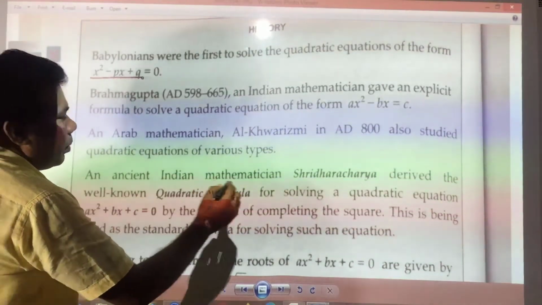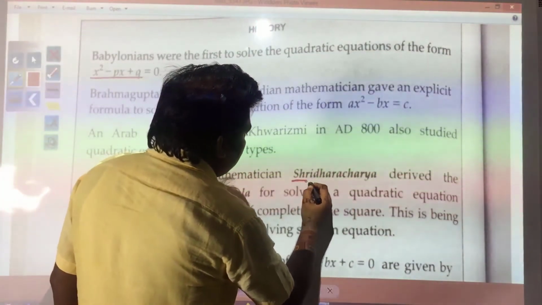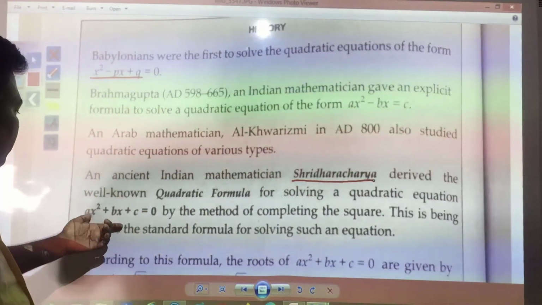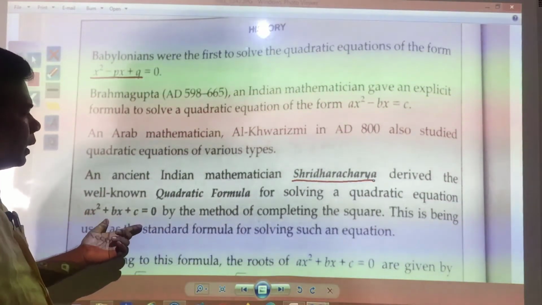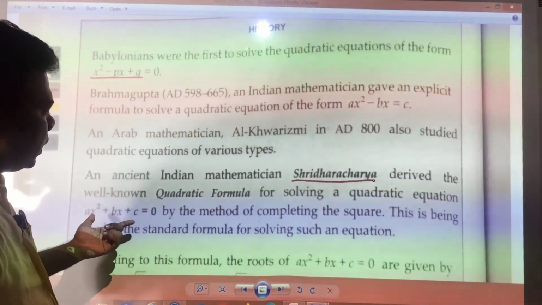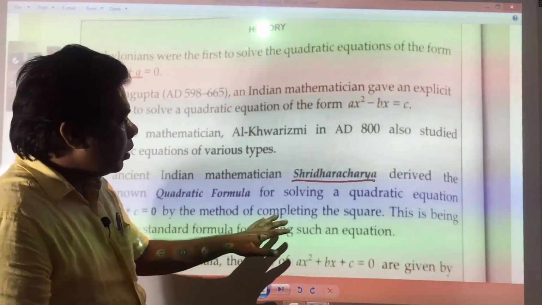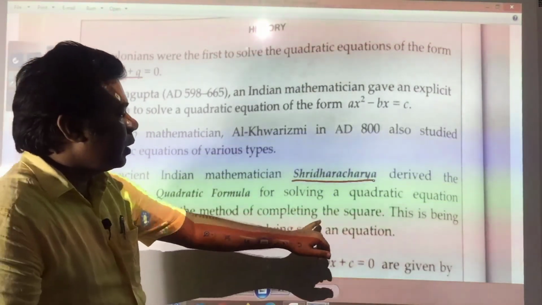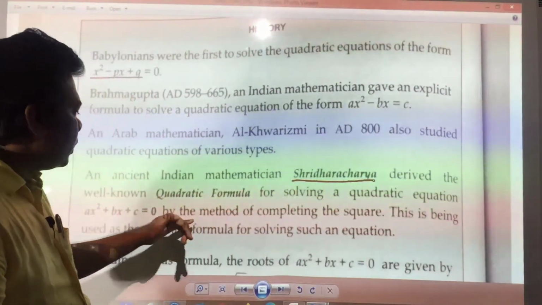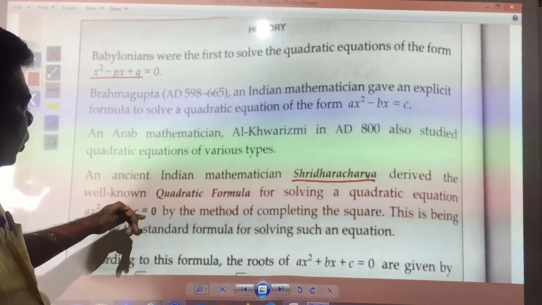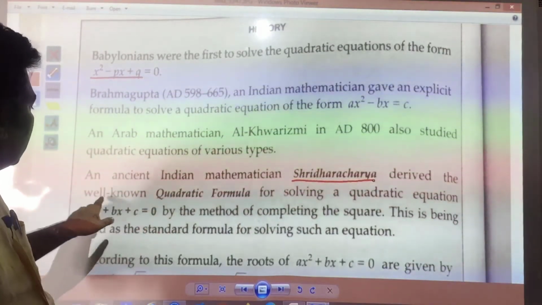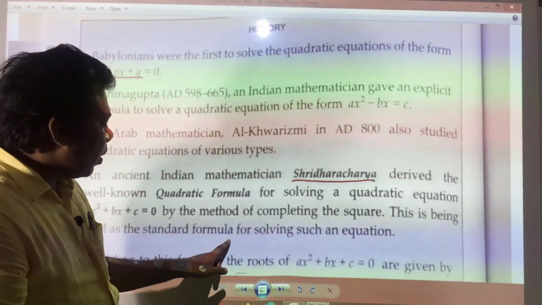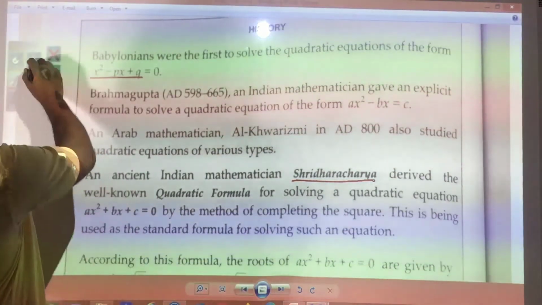So, we need to remember that the Indian mathematician Sridhar Acharya derived this formula by the method of completing the square, and it is being used as the standard formula.